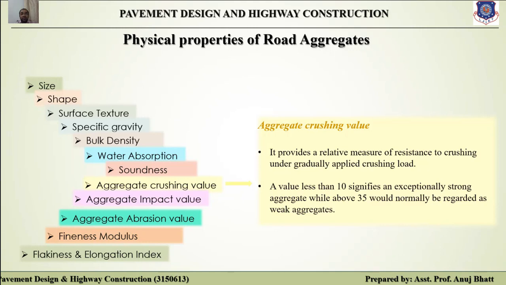The aggregate crushing value provides a relative measure of resistance to crushing under a gradually applied compressive load. To find out the crushing value, the test sample is to be weighed and placed in the test cylinder in 3 different layers, and each layer has to be tamped.